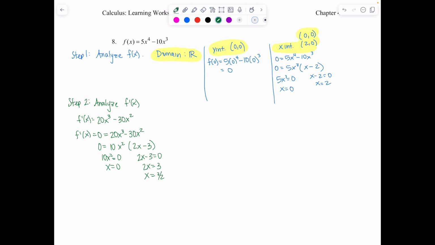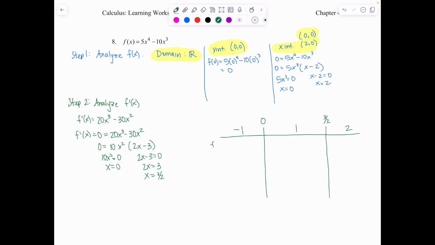So now we have numbers to look around. We look around 0 and 3 over 2. So less than 0, let's do negative 1. In between 0 and 3 over 2, let's do positive 1. And greater than 3 over 2, let's do positive 2.